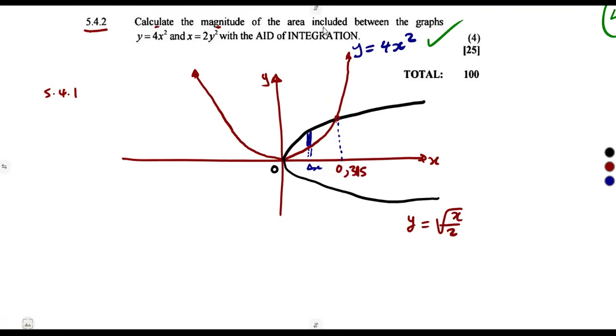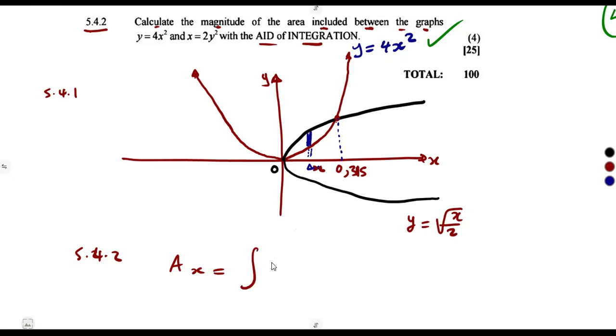Then calculate the magnitude after that. Calculate the magnitude of what? The area included between the graphs with the aid of what? Integration. So you know that the area is simply the difference that we're going to have from our integration. Our area is with respect to x. We are using the strip for x. So it is the difference that we have.